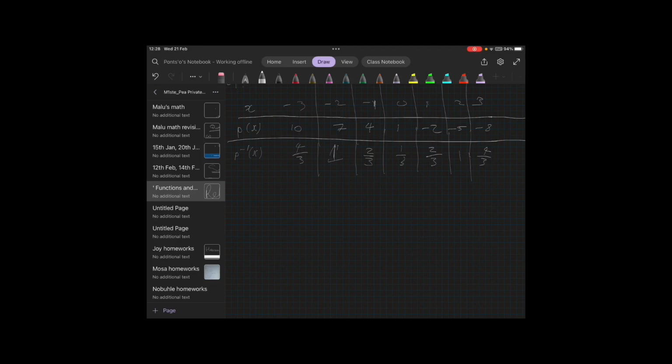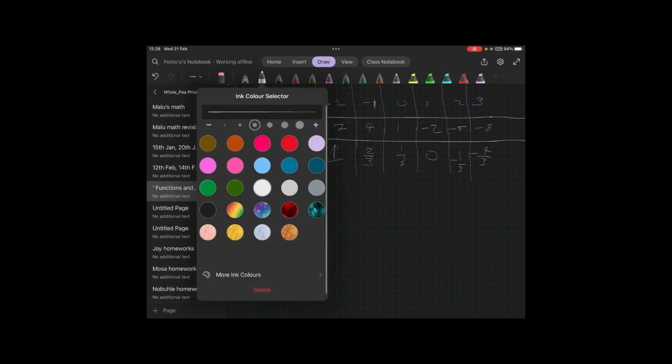Yes. For 1, it's 0, because 1 minus 1 is 0, and 0 multiplied by negative 1 over 3 is 0. Okay. And then when x is 2, negative 1 over 3. And when x is 3, negative 2 over 3.